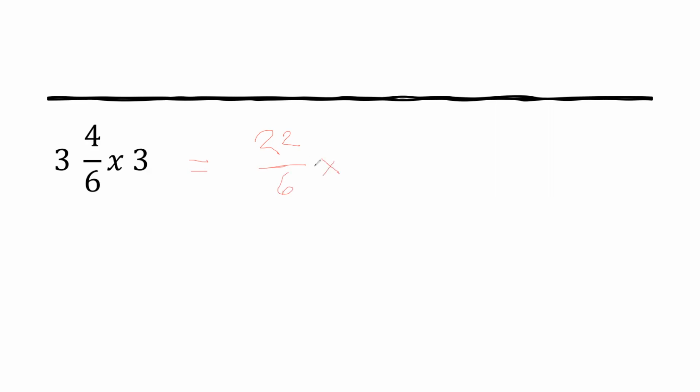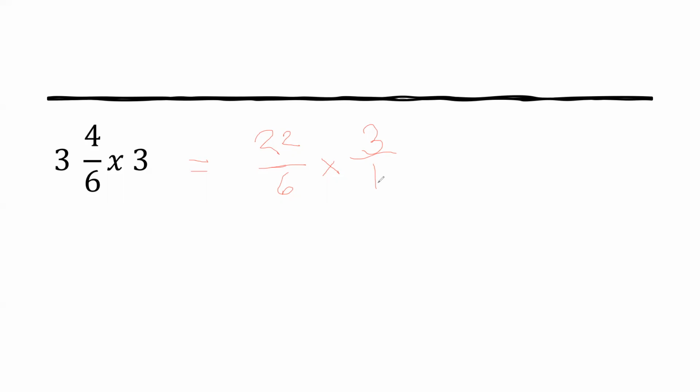Paano natin gagawin ang ating whole number? Tandaan natin, we have to change our whole number into fraction para alam natin ang numerator at alam natin ang denominator. So to do that, all you have to do is to make that whole number our numerator while making 1 as its denominator. So magiging 3/1 siya. Okay?